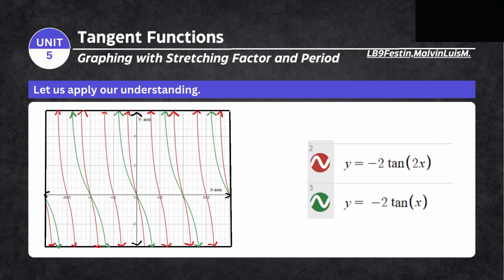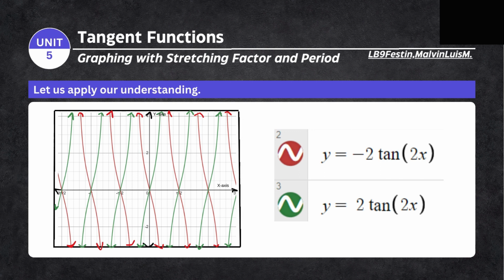Next, let's check the understanding of these following concepts. We know that increasing or decreasing our period causes an increase or decrease in the distance between the vertical asymptotes in the equation, as demonstrated here in the function below.